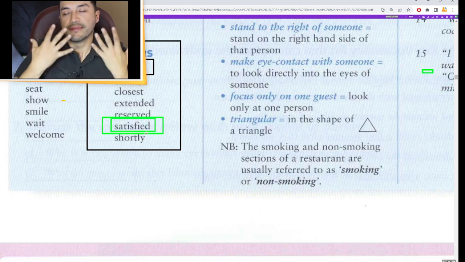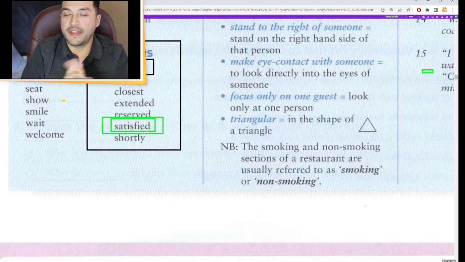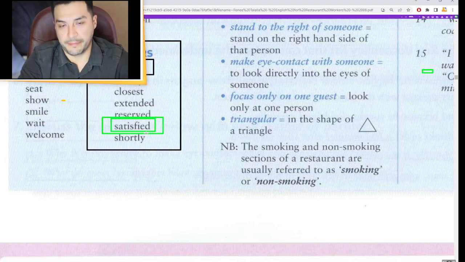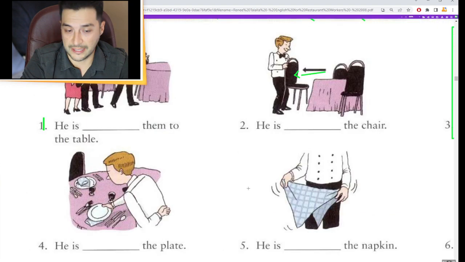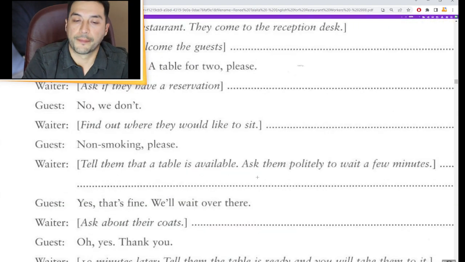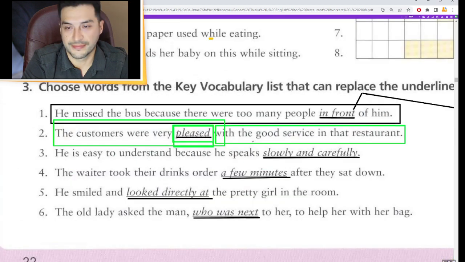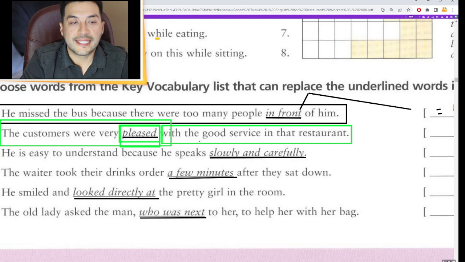Satisfied. I'm happy. I'm satisfied with the service. Satisfied. The customers were very satisfied.